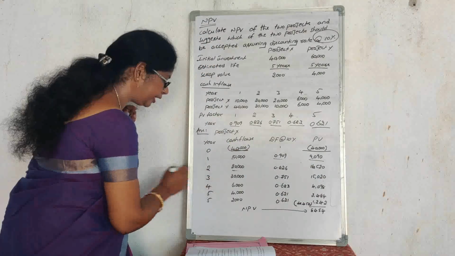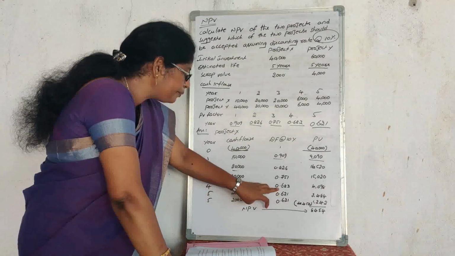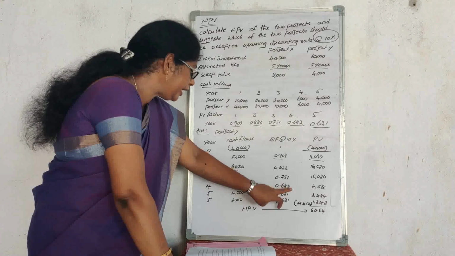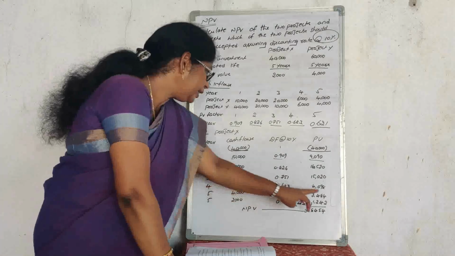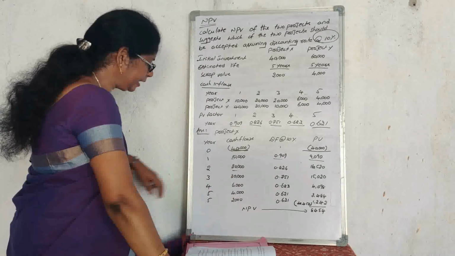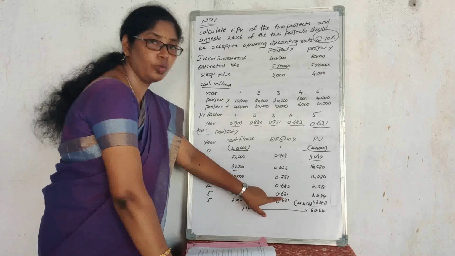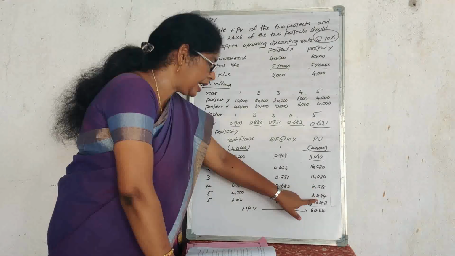And the fourth year, 6,000 we are expecting here, the discounting factor value 0.683. At the end of the fourth year, the value will be 4,098. And fifth year, we are expecting 4,000 rupees, the discounting factor value 0.621. At the end of the year, the value will be 2,484.